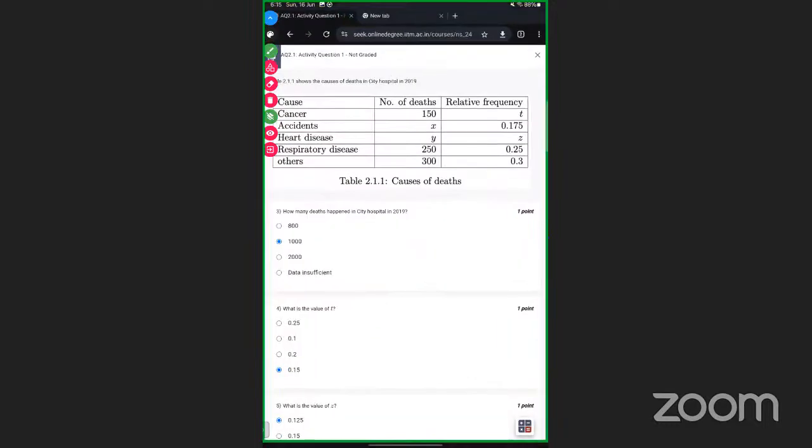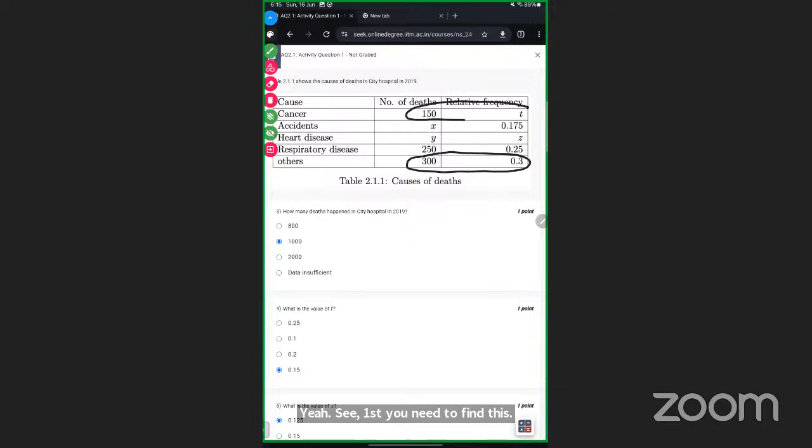First you need to find this T. How will you find T? From this relation. There is a relation between these two, right? Do you see any relation between these two entities? Yes, sir, dividing 150 by 300.